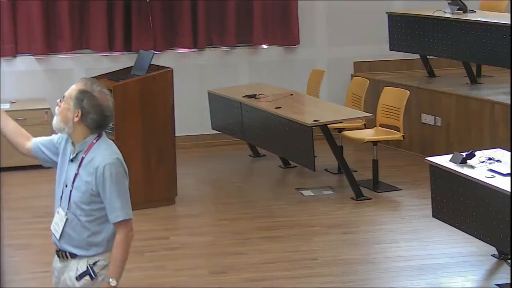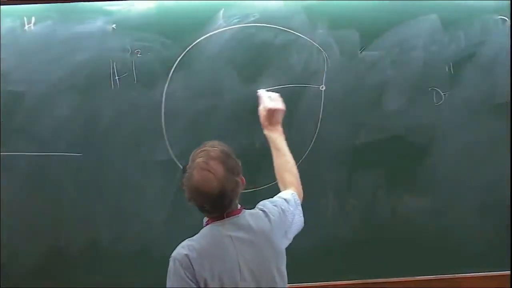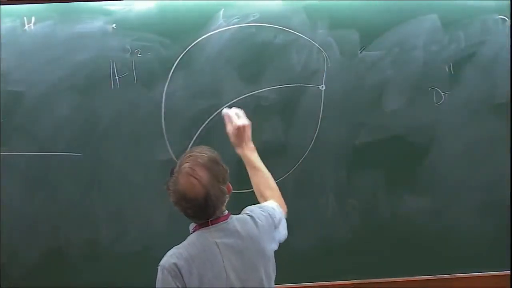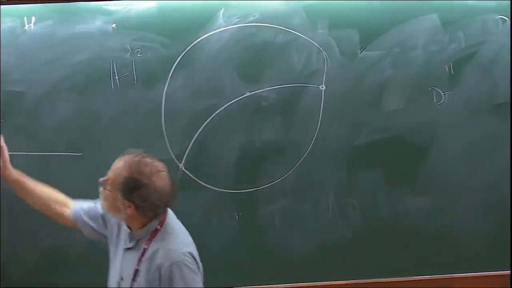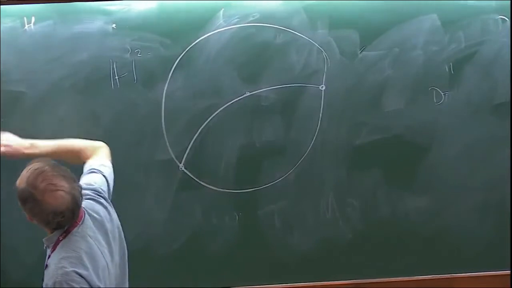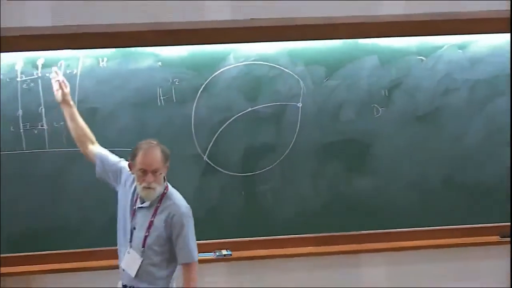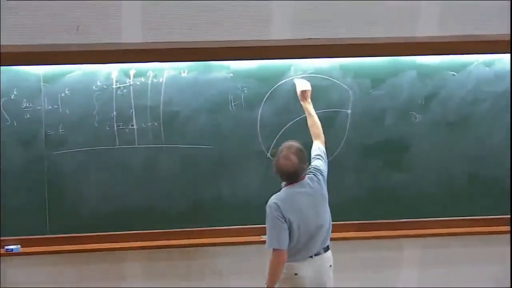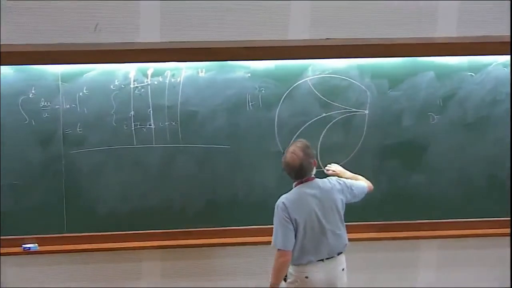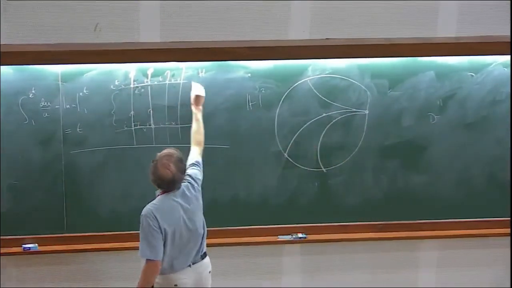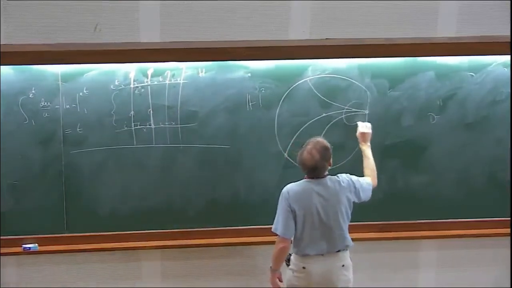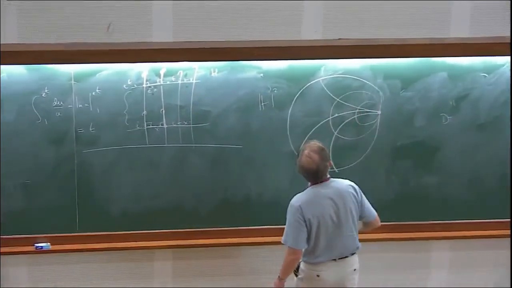So I have a point on the boundary, another point on the boundary. I have a geodesic joining them. And then my family of geodesics going vertically in this picture becomes geodesics going to that point at infinity. And my horizontal lines become the horocycles.